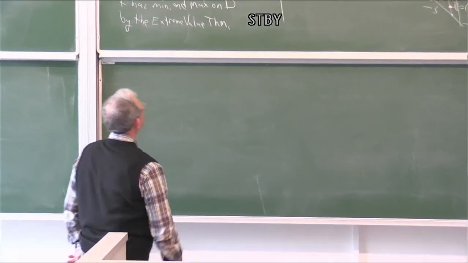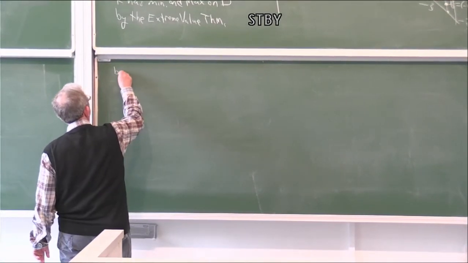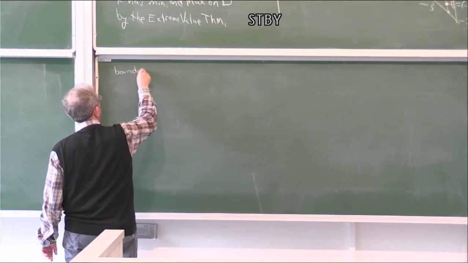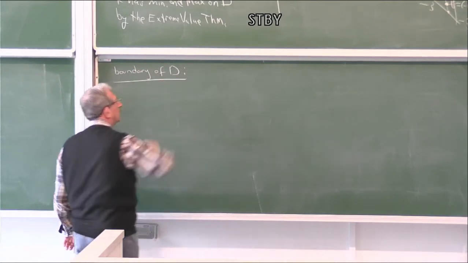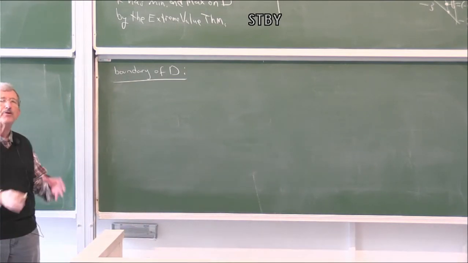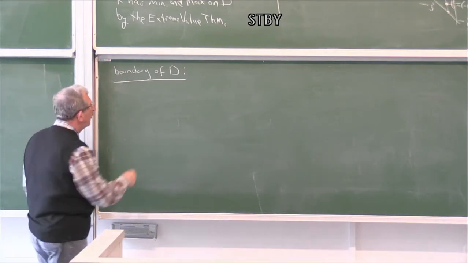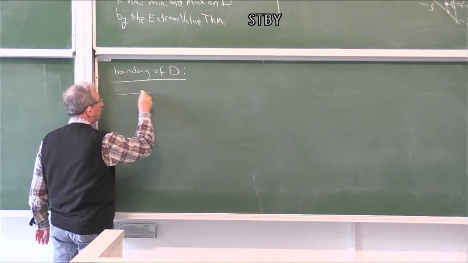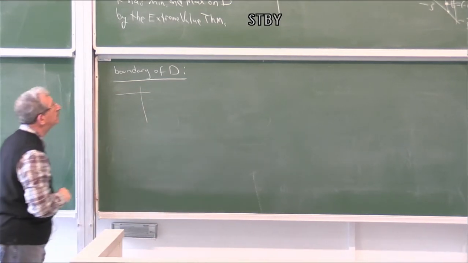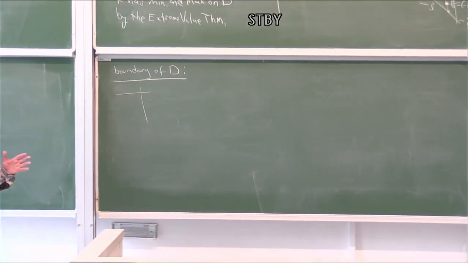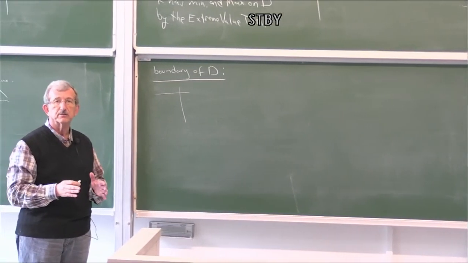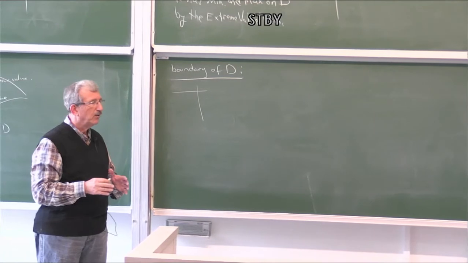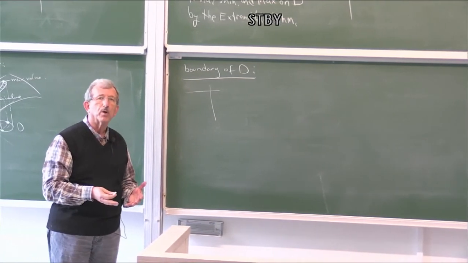Well, the second possibility is the boundary of D. Now, what happens if it's on the boundary of D? Well, for this purpose, we observe that the boundary of D, which is a triangle, does not consist of one piece, but three pieces, which means we have to look at them one by one.